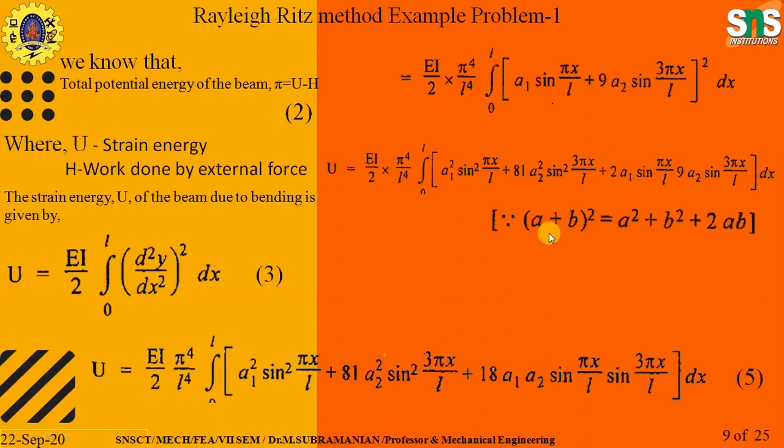We consider (a+b)² equals a² plus b² plus 2ab.